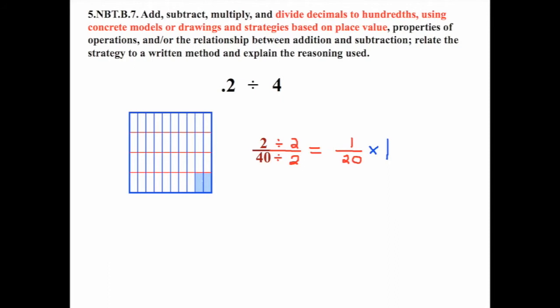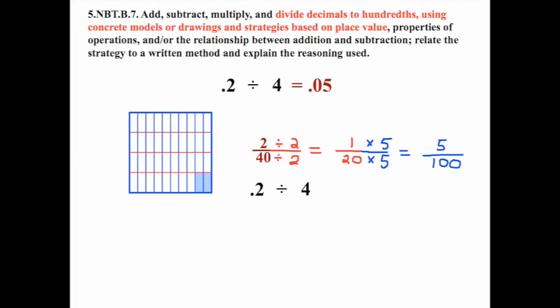Well, now if we multiply by 1, what do we need to multiply the 20 by to get 100? Oh, a 5. So let's make this multiplying by 5 over 5. And so we get 5/100ths, and that corresponds to our previous work. So we know that as a decimal it would be 0.05.